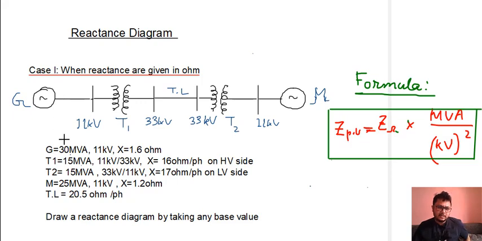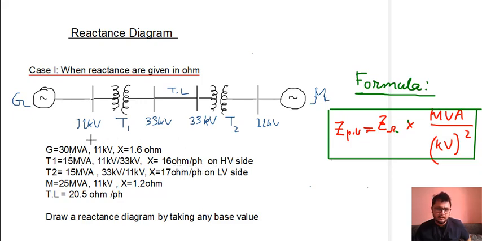The generator is 30 MVA, 11 kV and the reactance is 1.6 ohm. The reactances of all the components like the generator, the transformer, and the transmission line, TL meaning transmission line, are given in ohm. Generator reactance is 1.6, then transformer T1 reactance is 16 ohm per phase on the high voltage side.